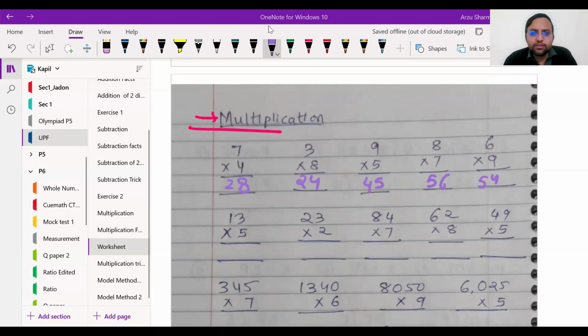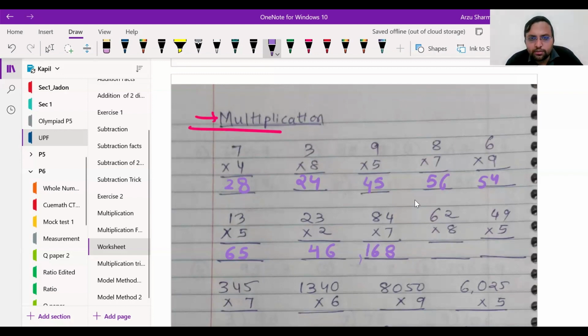13 times 5 is 65. 23 times 2, 46. 84 times 7. Yes, guys, quickly. Yes, Swastik, good. Wait.